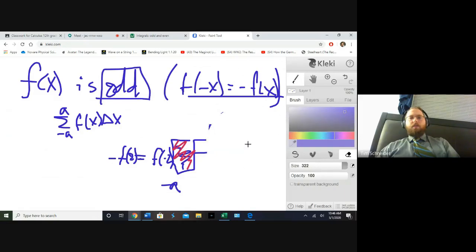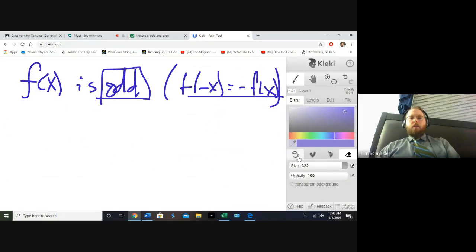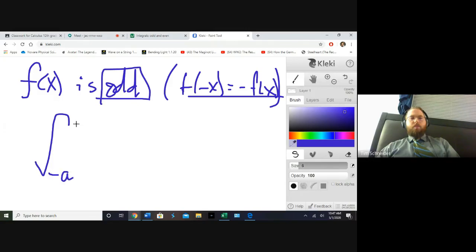But the other way to see this is that, remember, we're doing actual integrals here. And so let's say this is x. Let's call this 3x squared just to use an example. This is an even function. What is the integral of 3x squared?